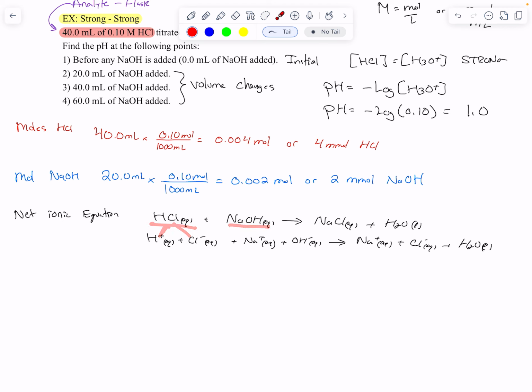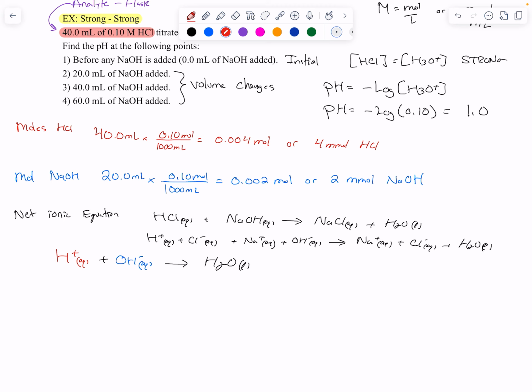Strong base, ionic and aqueous, splits apart. Salt, ionic and aqueous, so it splits apart. Liquid stays together. So for our net ionic equation, I would just have the H plus and the OH minus going to H2O liquid. So there's our net ionic equation.